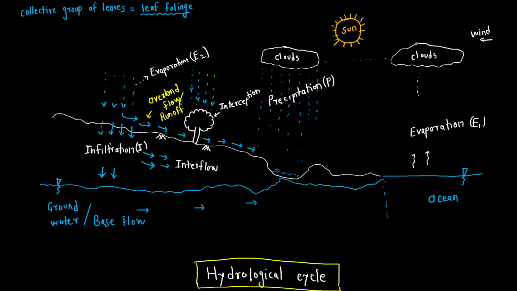Out of this infiltration, some water meets the groundwater, and some water flows horizontally, which we call interflow. The portion of water which is going and meeting the groundwater is called percolation. So this is percolation and this is interflow.